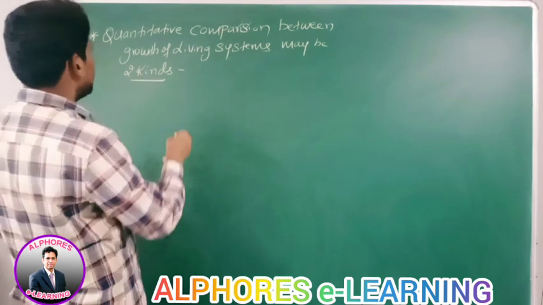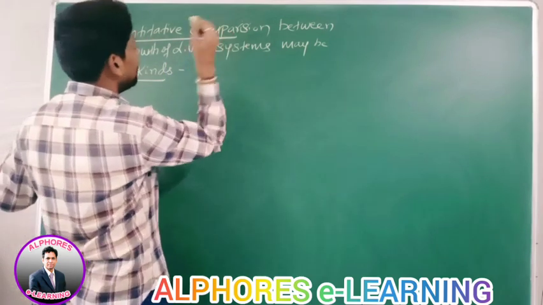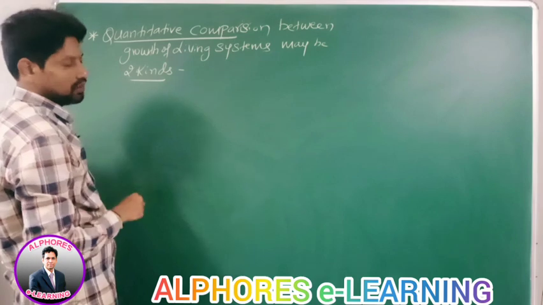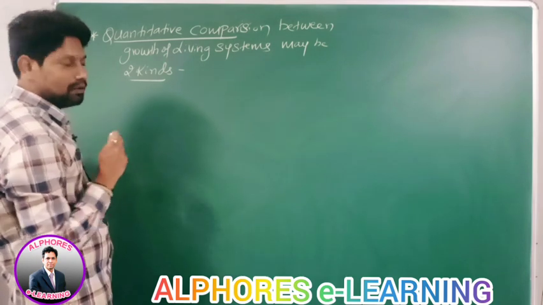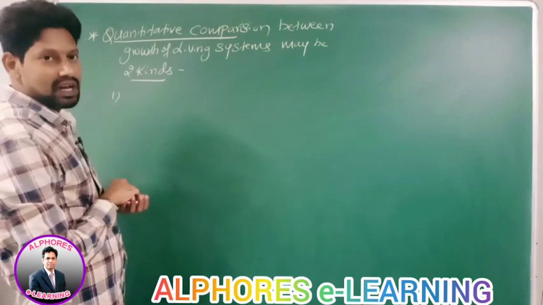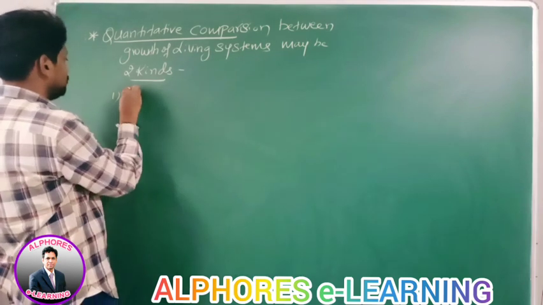Be careful which comparison this is. Quantitative comparison between growth of living systems can be of how many types? Two types. What's number one? First one is absolute growth rate.